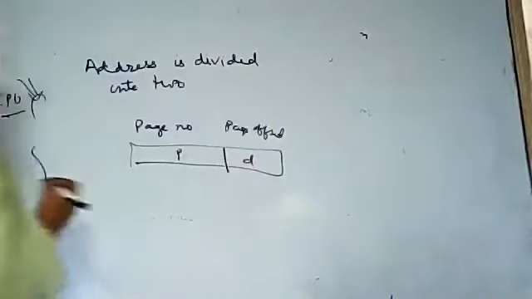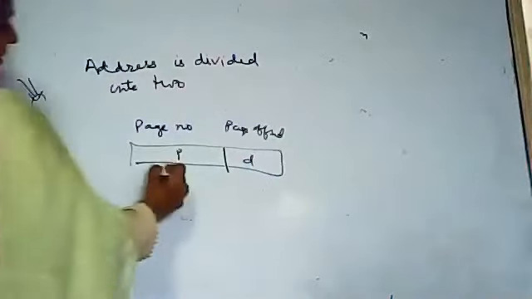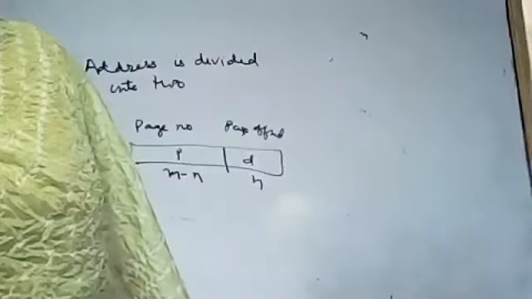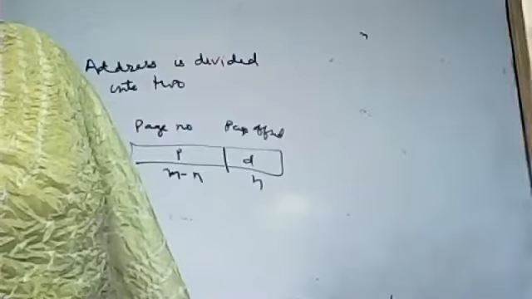This is P, this is M minus N, this is N. So what are M and N here? M minus N defines the page number and N defines the page offset.